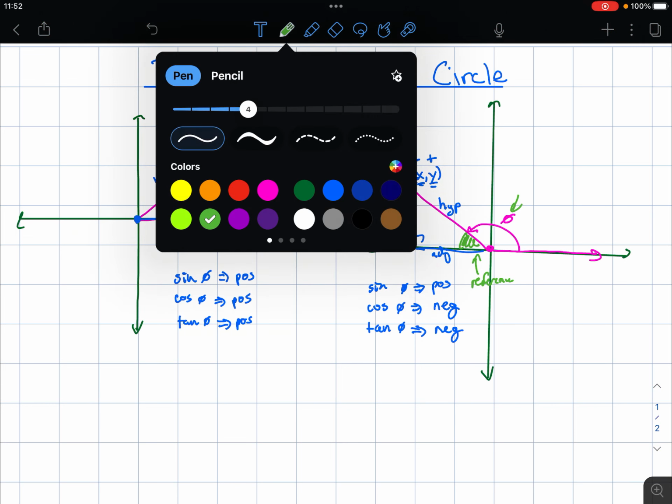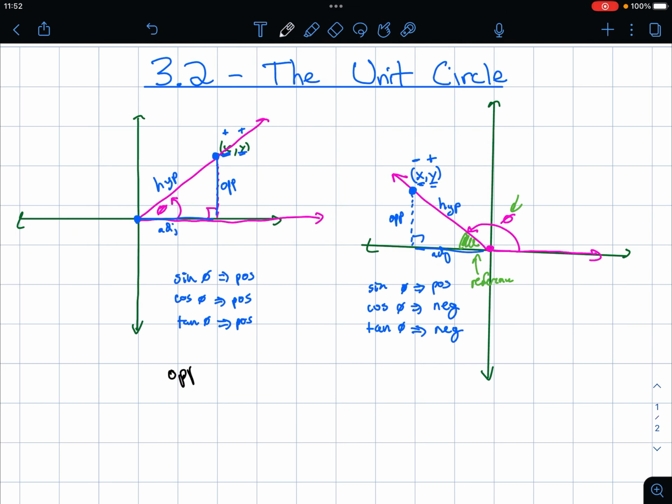Okay, but a really key idea here is that the opposite side here and here end up just being the y-coordinate, based on how we're building our triangles. And similarly, the adjacent ends up corresponding directly to our x-coordinate. And that's a really important idea, and I want you to keep that in mind as we proceed forward.